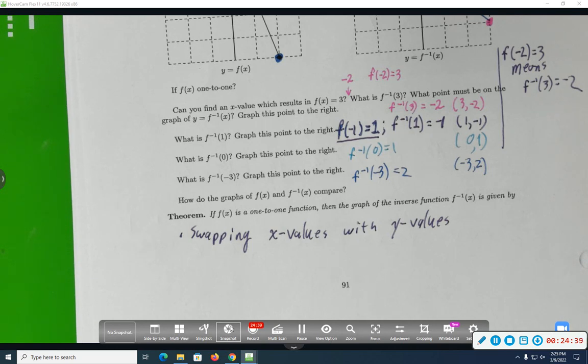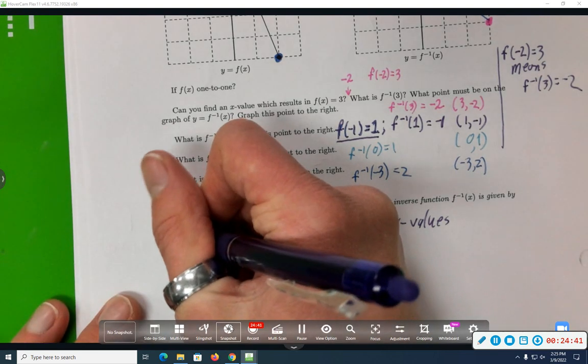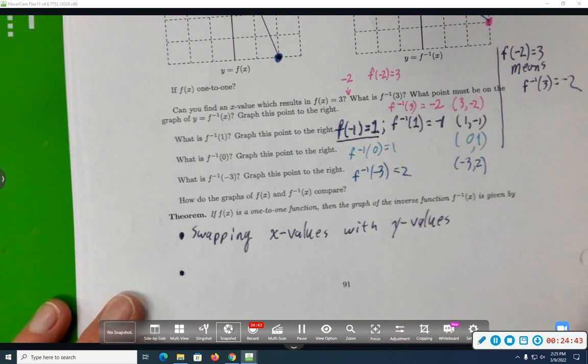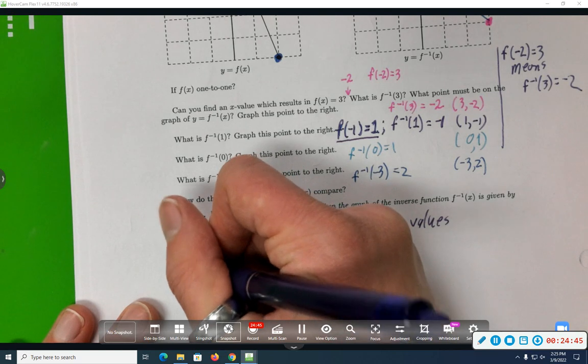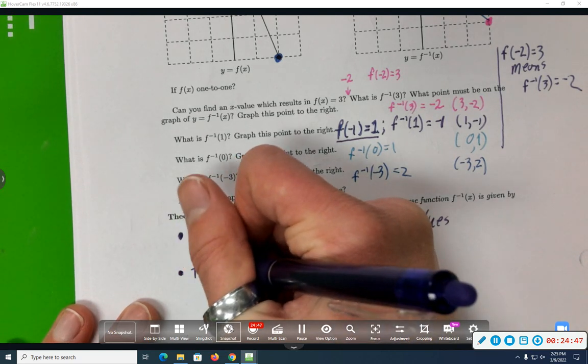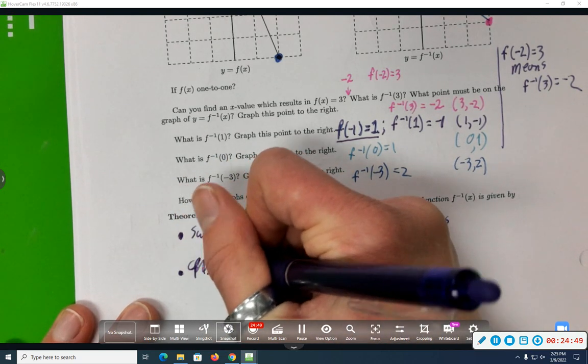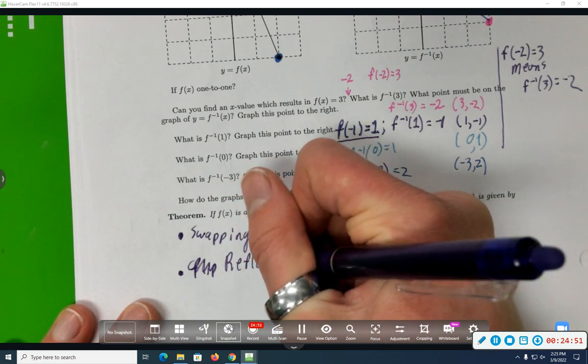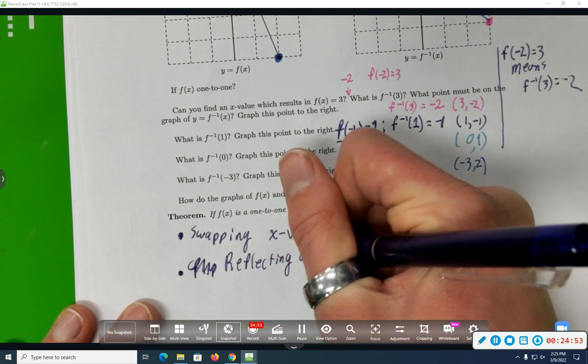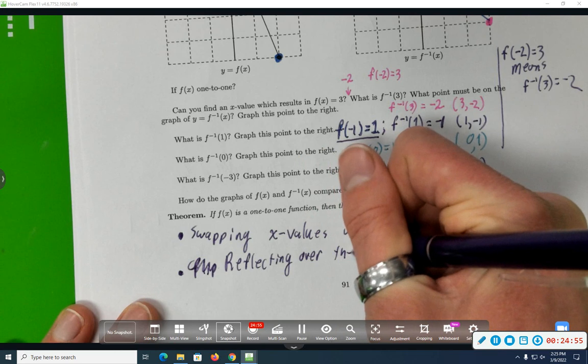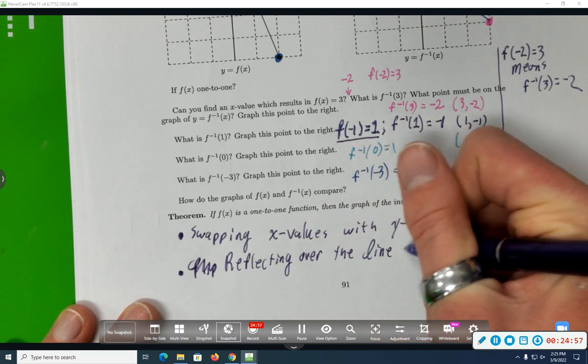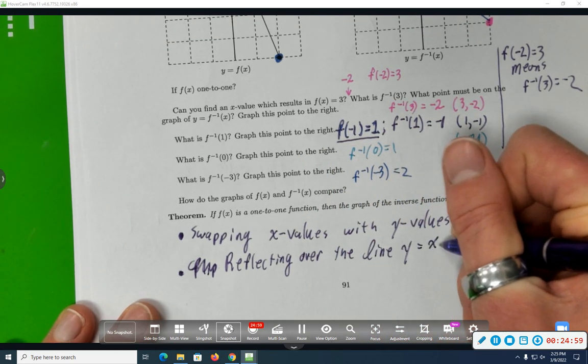Nice. Maybe I'll phrase it one additional way. You can also get it by reflecting over the line y equals x.